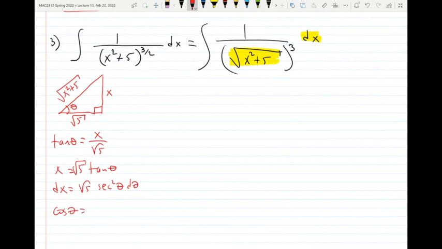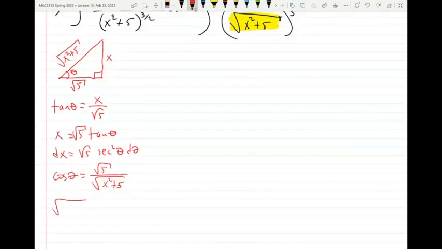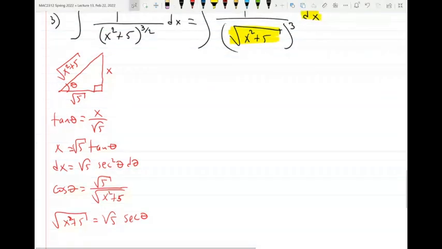Remember, adjacent over hypotenuse, you should think about cosine. But then, because it's in the denominator, when you solve for the radical, you're going to get square root of 5 over cosine, which is secant. Right? And the radical is square root of 5 times secant. So we are ready.